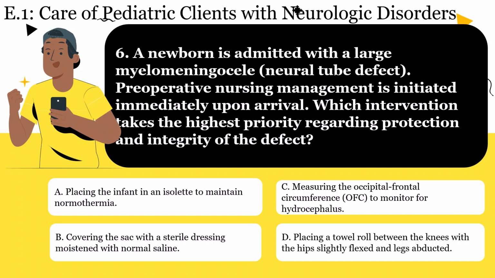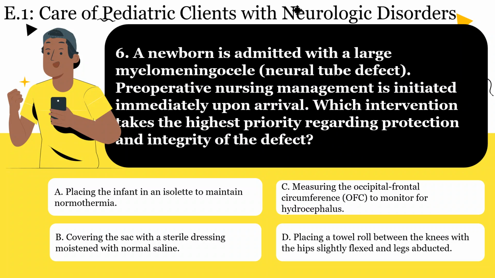So for a patient with neural tube defects such as myelomeningocele, the highest priority, especially in the preoperative phase, is to protect the integrity of the sac, and that is also significant in preventing infection. So the nursing intervention for this is basically to cover it with a sterile dressing moistened with normal saline.